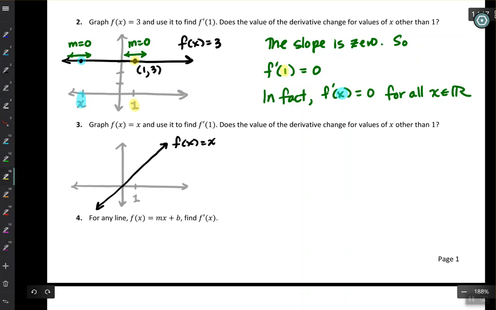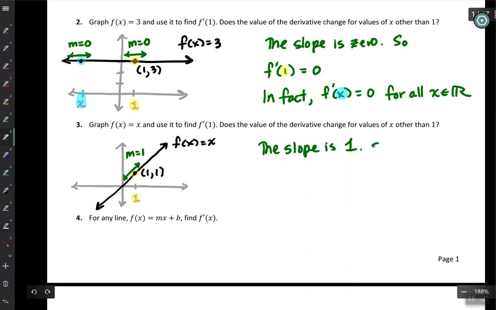Well, when x is 1, we're right here at the point 1, comma, go find y, 1, comma, 1. Well, the slope right there, the slope is 1. The slope of the line y equals x is 1. So the derivative at 1 is 1.